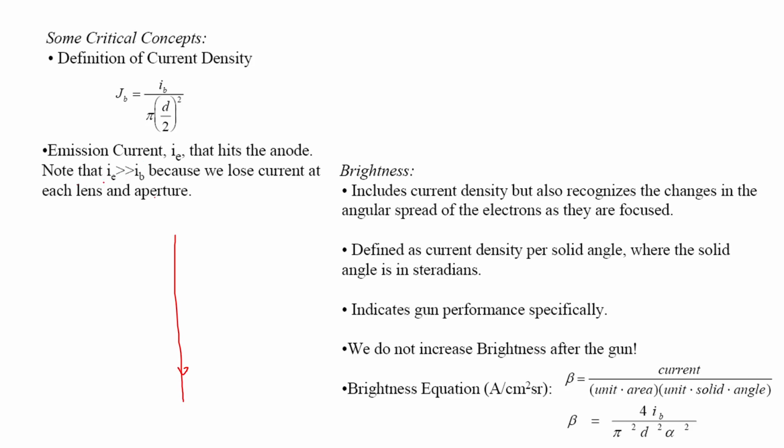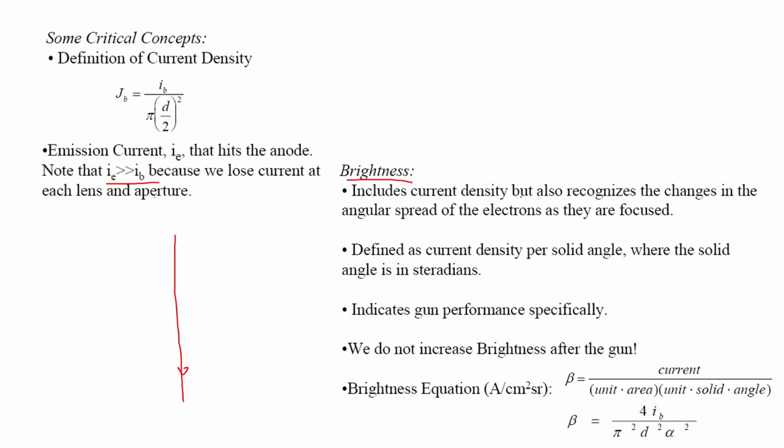I already told you that the emission current will always be greater than the beam current. Emission current is the current which is grounded, and the beam current is the current carried by the electrons in the chamber. Using this current density, we will calculate the brightness of electrons at any region in the chamber.